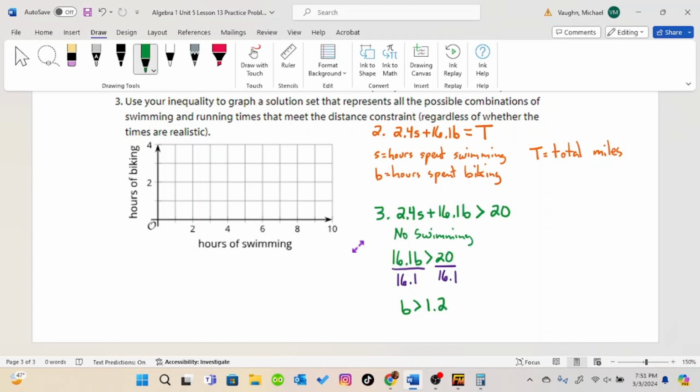So on our graph, biking is our y-axis, so we could put our y-intercept at 1.2.